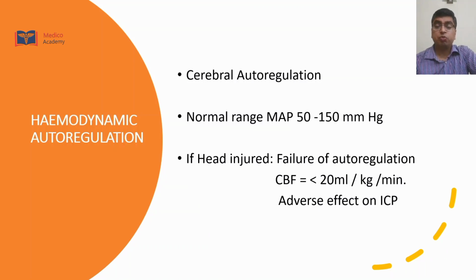In the normal range of mean arterial pressure, 50 to 150 mm of mercury, the brain is able to compensate by changing the size of arterioles and venules. But when the mean arterial pressure is very low or very high, then the autoregulation fails and it adversely affects the intracranial pressure.